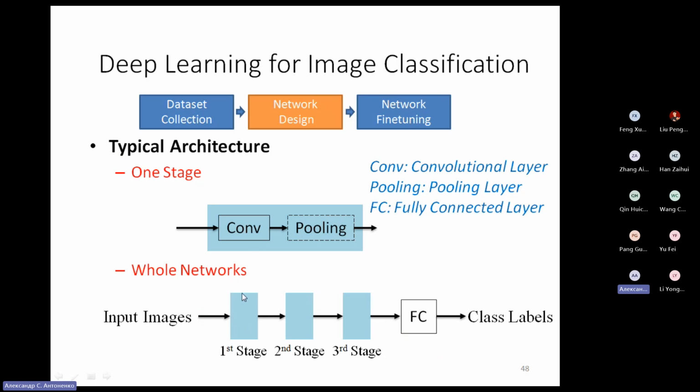This is like low-level features, mid-level features, and high-level features. This is a 3-stage network, but we can use more than 3 stages, of course. After this, we have a fully connected layer, and we should have softmax activation on the last fully connected layer. And at the end, we have our class labels.